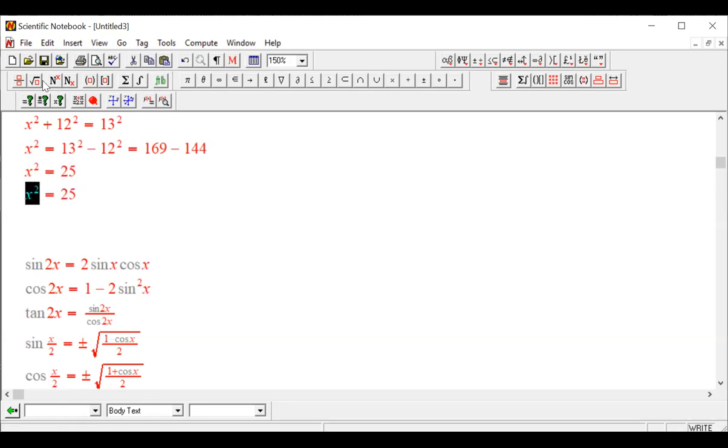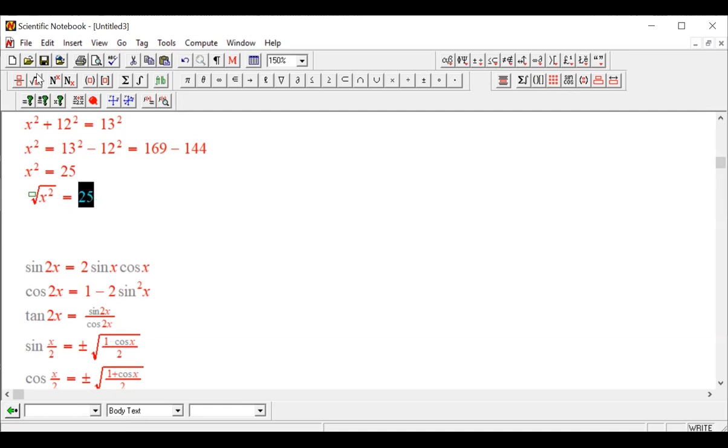We take the square root on both sides. The square root of 25, of course, equals 5. But the square root of x squared equals what? That's right, the absolute value of x. The absolute value of x is 5.